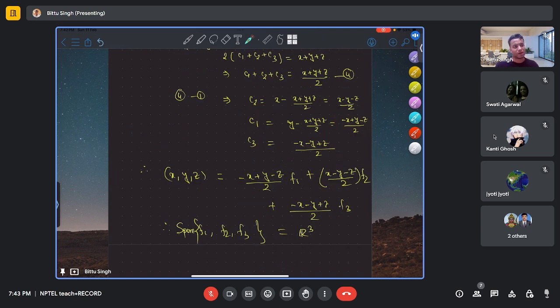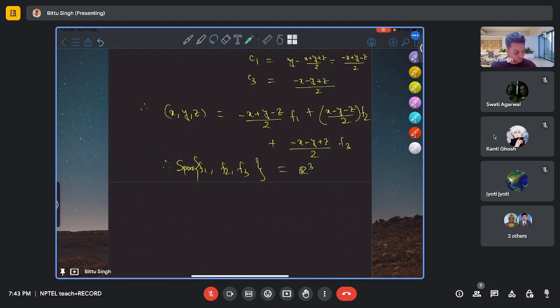Therefore, f1, f2, f3 are linearly independent. Hence, f1, f2, f3 is a basis for R3.